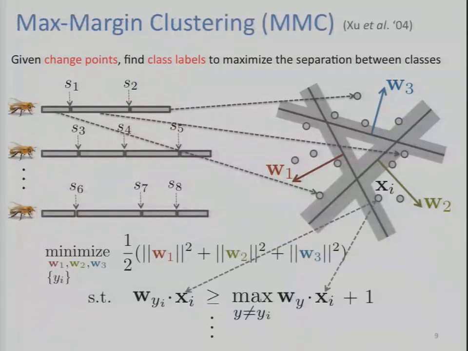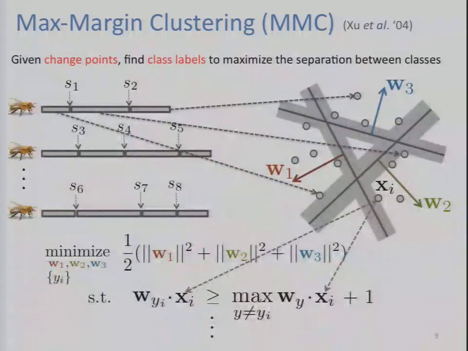This problem is called maximum margin clustering, or MMC. The formulation of MMC is very similar to the support vector machine. The only difference is that in learning, we have to optimize for the class labels together with the weight vectors. If you look at the constraint down here, basically it says the dot product between the point and the weight vector is the cluster score for assigning this point to this cluster.